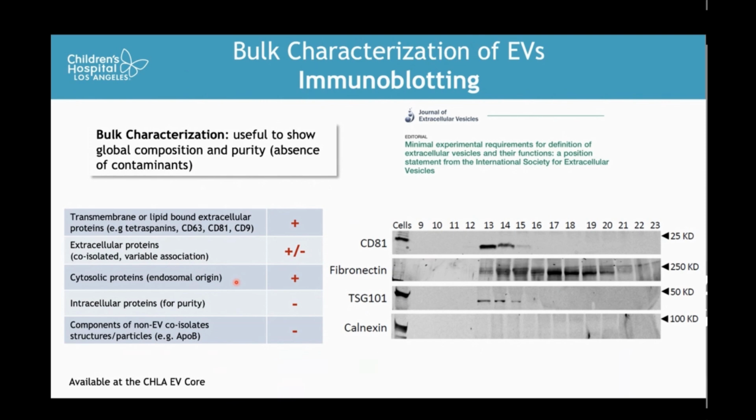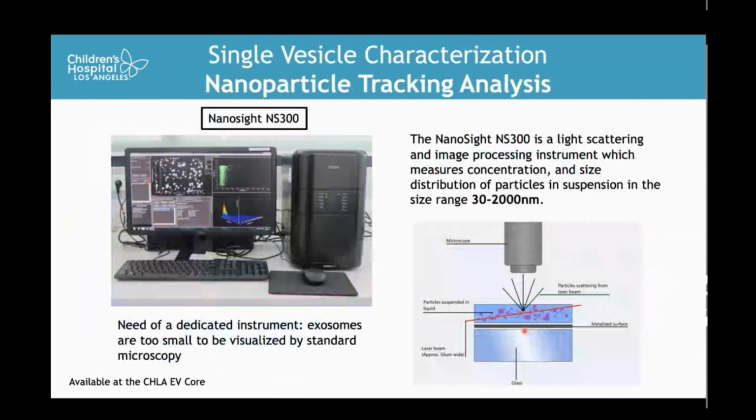Then cytosolic proteins of endosomal origin prove the presence of actual exosomes of endosomal origin. And we then want to check other co-isolates, such as calnexin, which is an intracellular protein, which we do not want to see in our isolates. So this is just another measure of purity.